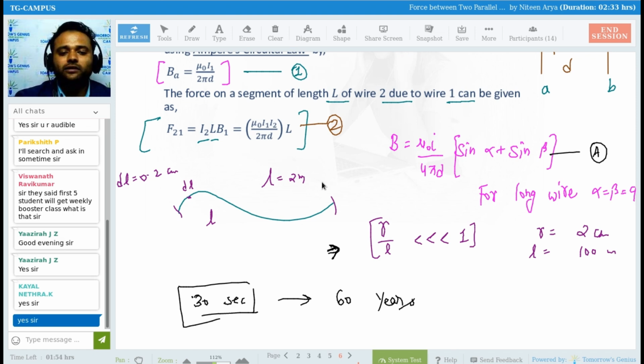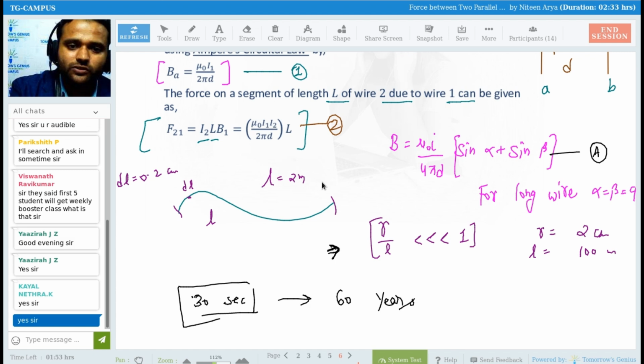But if I'm talking about a few phenomena which happen within a fraction of a second, for example, the glowing of a bulb, the moment you click the switch on that particular button, that electric bulb or electric fan is going to turn on. Clear? So then you cannot say that 30 seconds is infinitely small either, or that 30 seconds is infinitely large either.